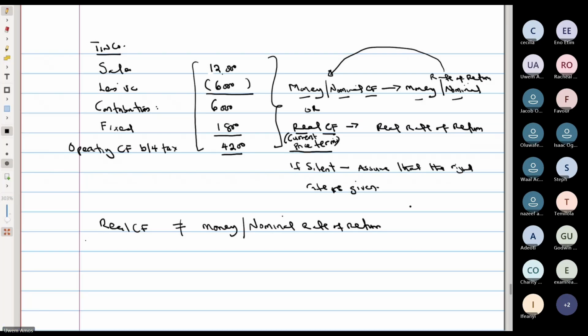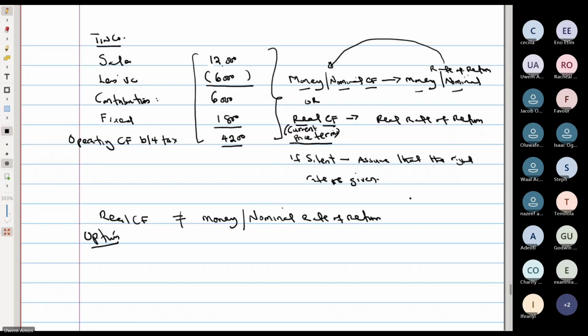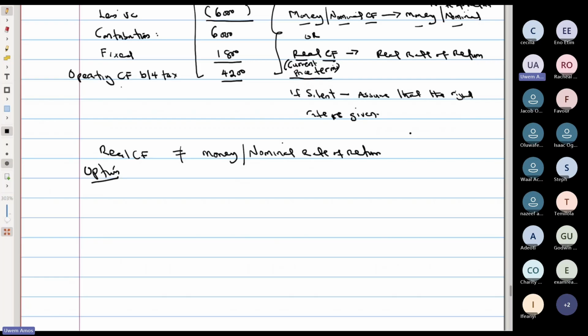Option one. Our cash flow, or the cash items, or whatever monetary values are here, they are real. The first option is to convert those real values, or convert the real cash flow, to nominal or money cash flow.